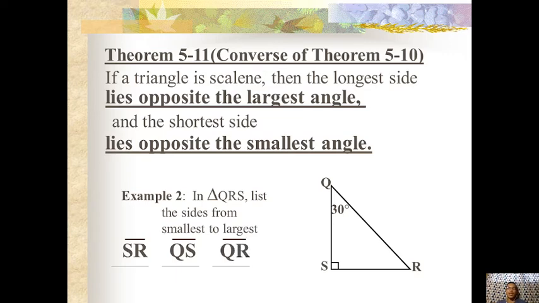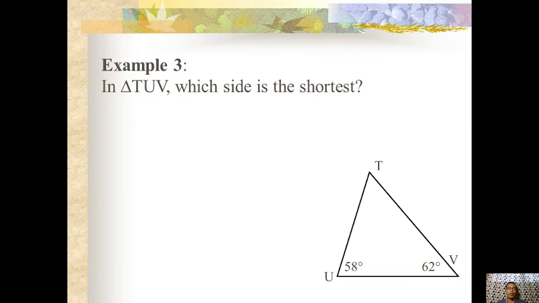Okay, good. So in Example 3, in triangle TUV, which side is the shortest? To find the measure of angle T, we must use the sum of the angles of a triangle. As we can see in the given, angle U is 58 degrees and angle V is 62 degrees. And as we all know, the overall value of a triangle is 180 degrees.